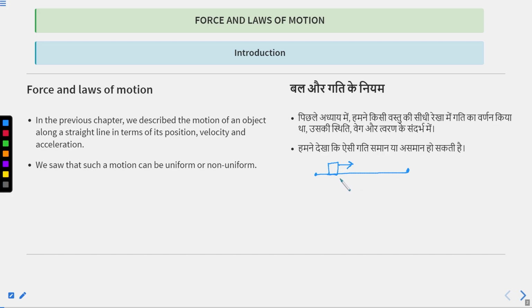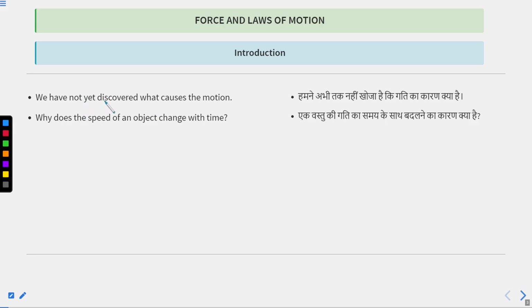We also learned about three equations of motion. We saw that such a motion along a straight line can be uniform, which means at constant speed, or non-uniform, which means the speed is varying continuously.